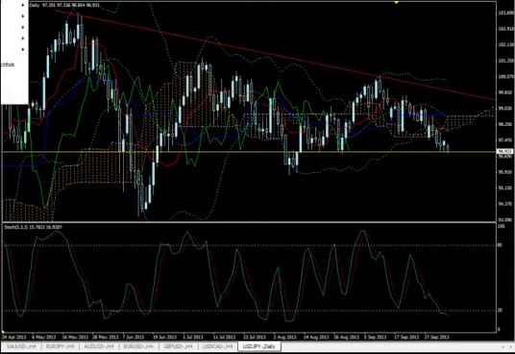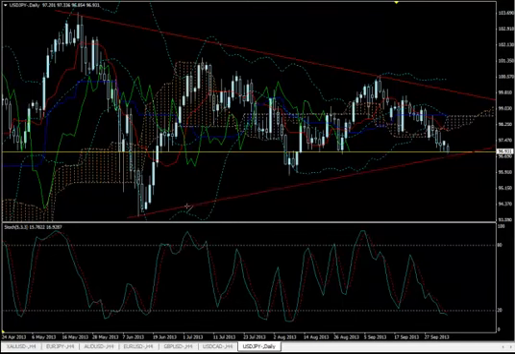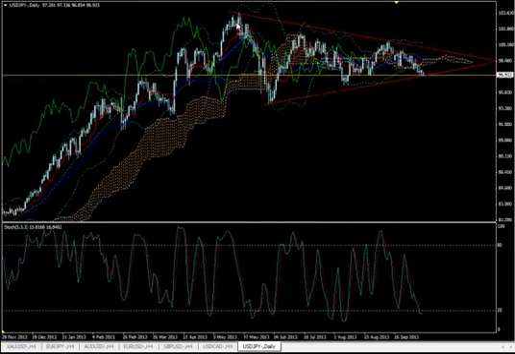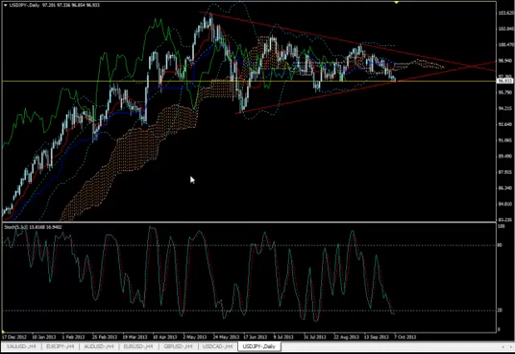And one more. This is a very strong pattern, okay? It's a consolidation triangle or symmetrical triangle, and if I make this smaller, now you can see it.